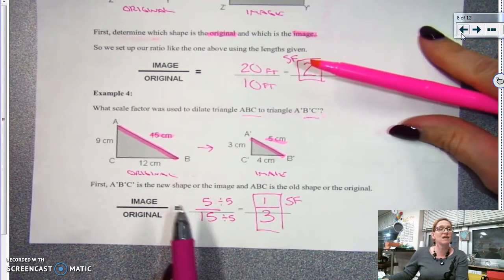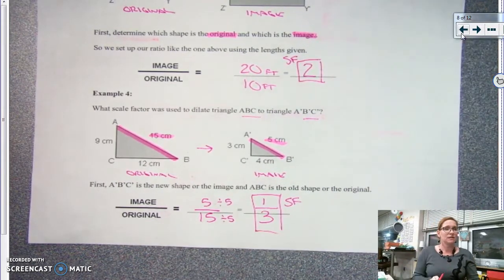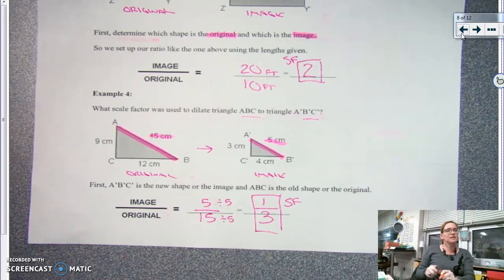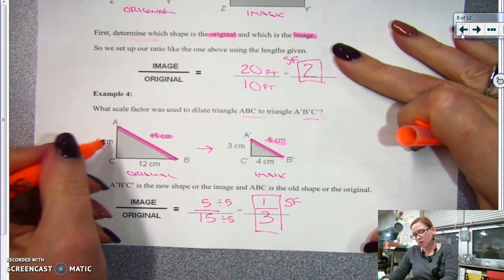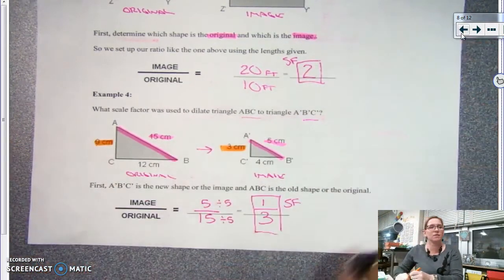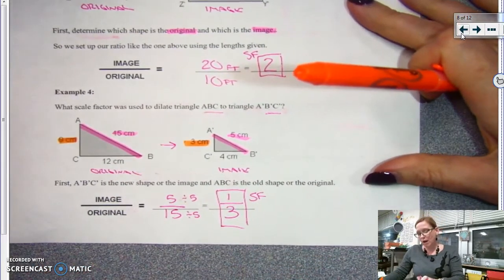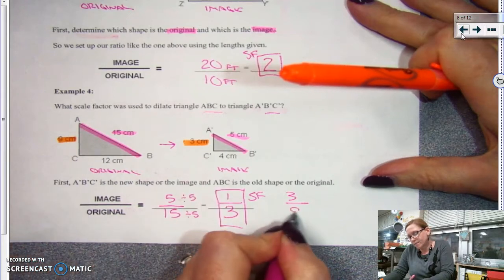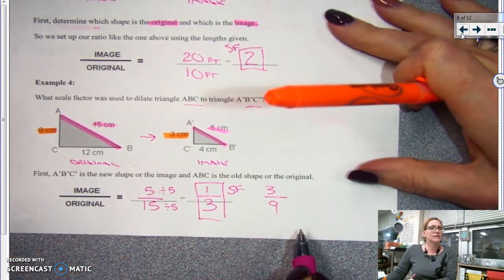Now, if you would have picked any of the other corresponding sides, let's take this last side. Do we end up getting the same answer? So our image was 3, and the original was 9. Can I simplify it?